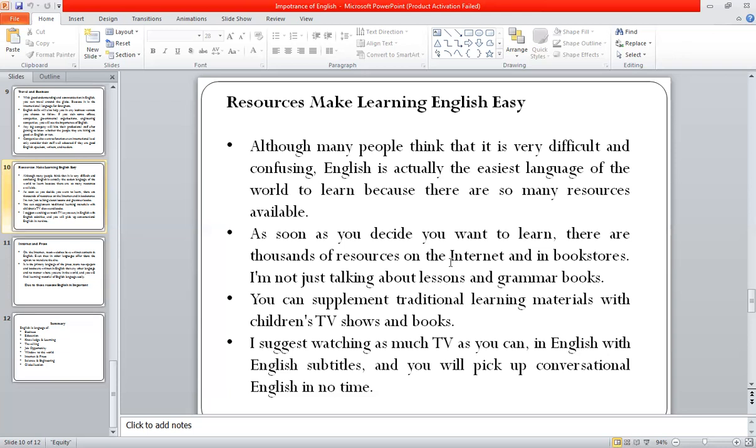And if you don't want to read them online or on a screen, you can buy them in bookstores also.